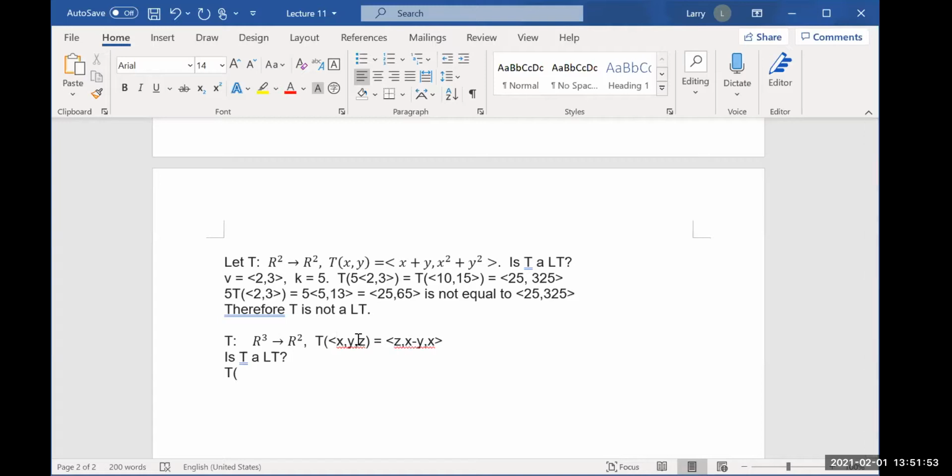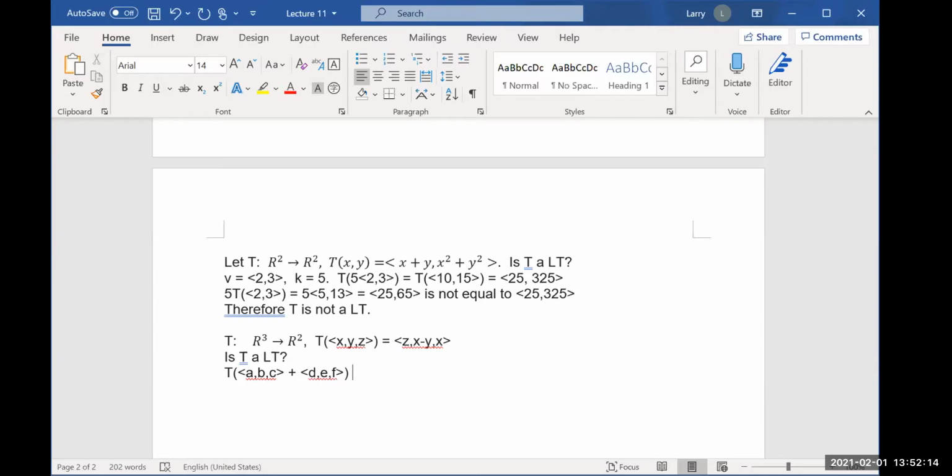Actually, I forgot to put the pointies. There we go. So what is T of, I'm going to go ABC plus DEF. I know I mentioned calculus, but we can get away with it.